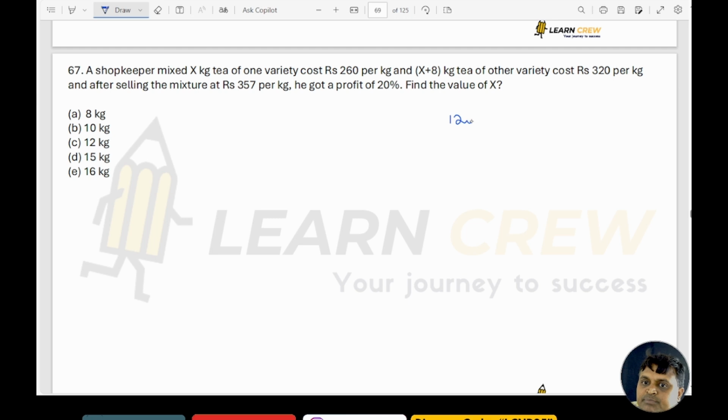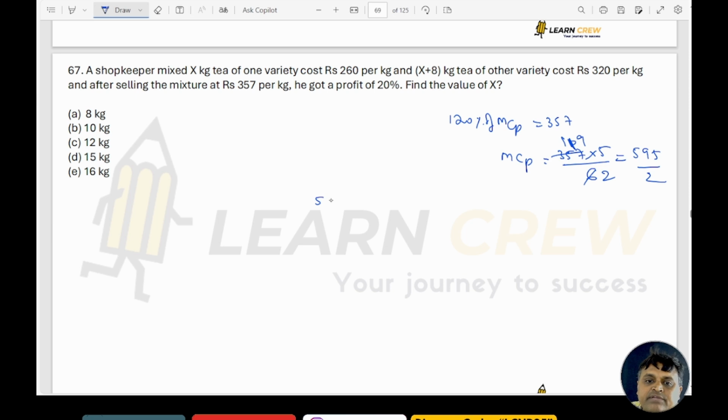So 120% of the mean cost price is given as 357. So what is the mean cost price, which is 100% of the mean cost price? So 357 into 5 by 6, which is 119 by 2, so it is 595 by 2.